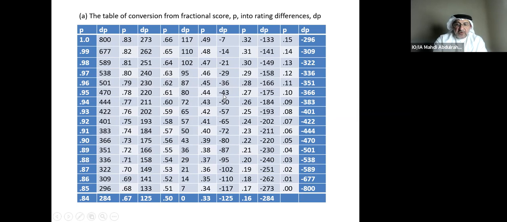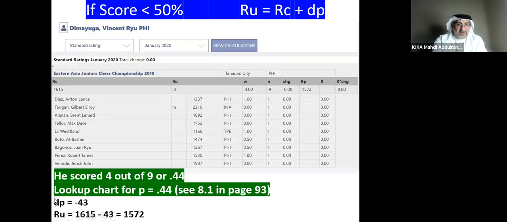So in our formula, we come back. We keep the rating average 1615 from 9 opponents minus 43, this is the DP, equal 1572. So my initial rating will be 1572. Is it clear now? These are the only 3 formulas for the rating calculation.